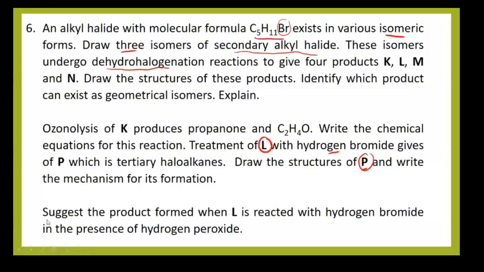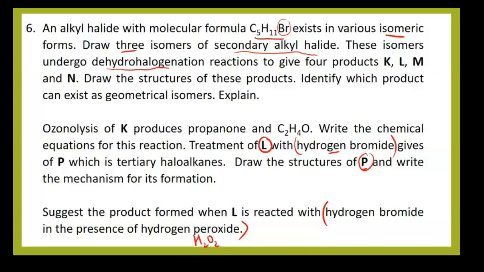Okay, next question. Suggest the product formed when L reacts with hydrogen bromide in the presence of hydrogen peroxide. Previously the question was L reacting with hydrogen bromide only, but now it is with hydrogen bromide in the presence of hydrogen peroxide, H2O2.